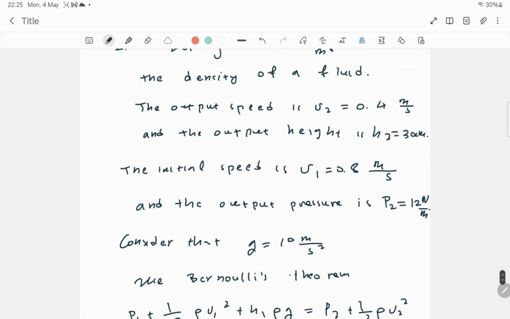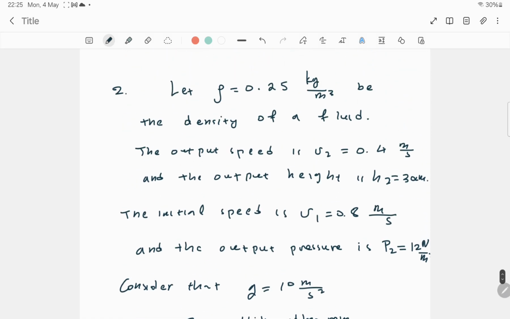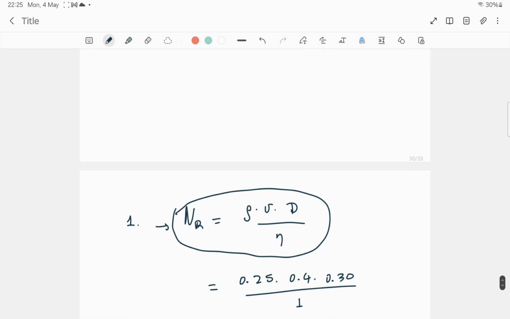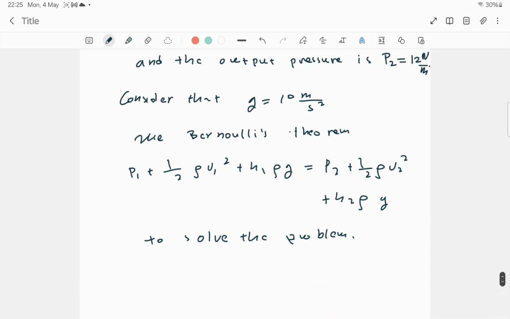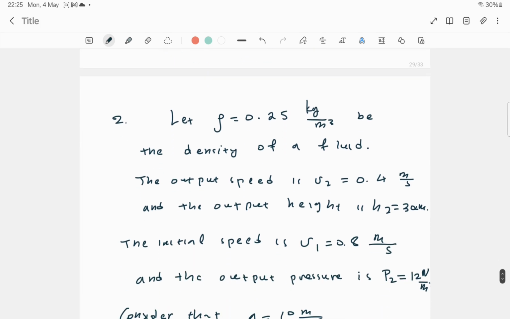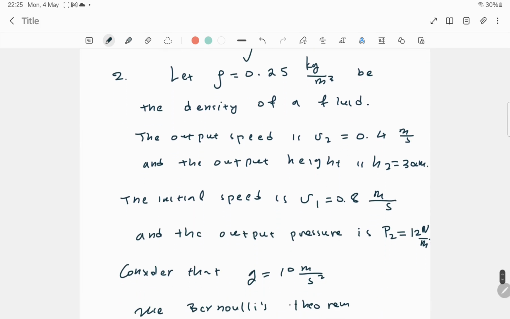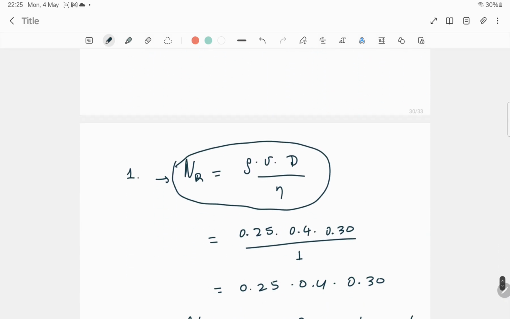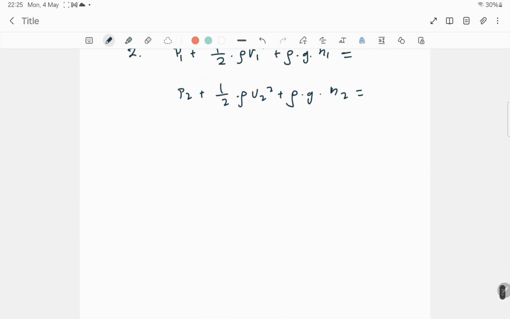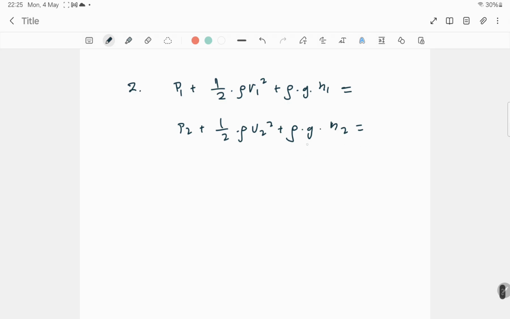What we have for this problem: we have the density, we have the output speed V2, the output height H2, the initial speed V1, the output pressure, the G. We can solve this equation with respect to P1 and find an expression.